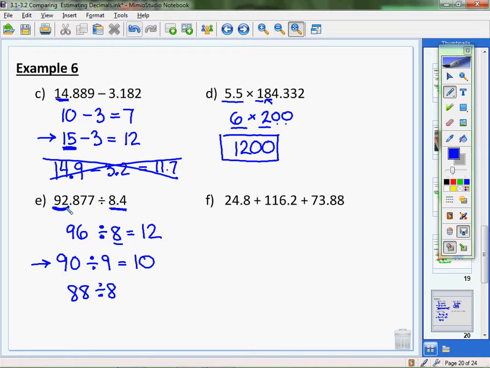Both of them are very close. And you probably know 88 divided by 8 is 11. Do you notice how we got 3 different answers, but all of them are okay? I would accept all of them as long as you show what you rounded to.